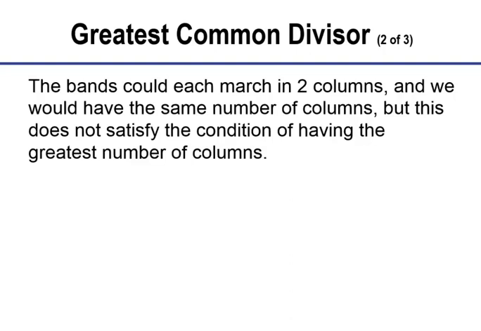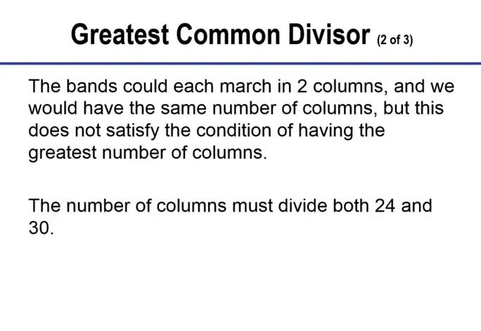But this does not satisfy the condition of having the greatest number of columns. So we could have, again, just skinny down the middle of the road, 2 columns, but we want the greatest number of columns to fill the width of the road. It says the number of columns must divide both 24 and 30. So we need a number that divides into both 24 and 30.